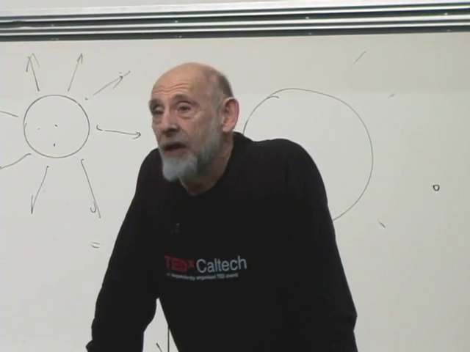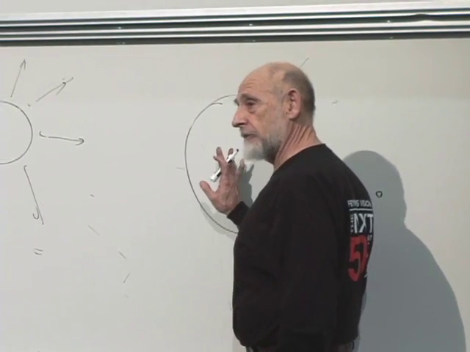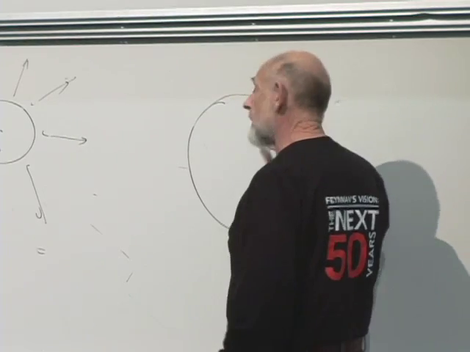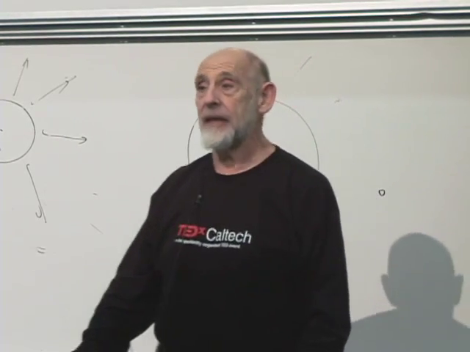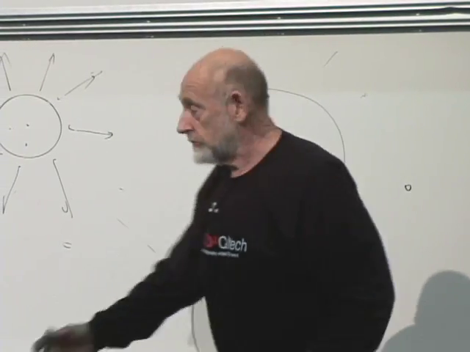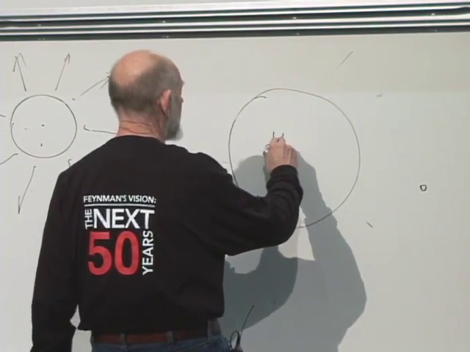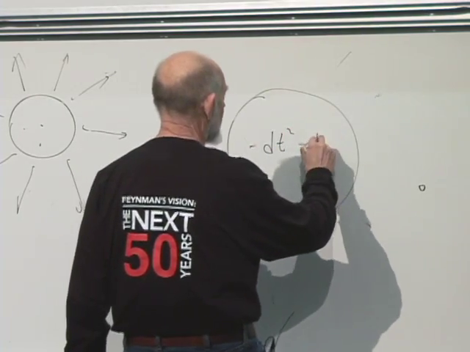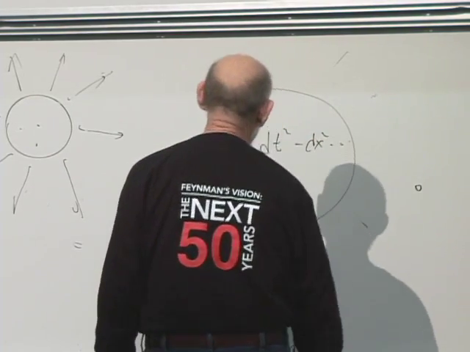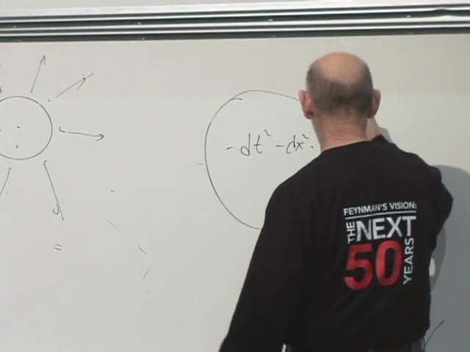Schwarzschild. In other words, the metric on the inside is exactly that of flat space, and the metric on the outside is exactly that of the Schwarzschild black hole. We can write it. On the inside, we have good old dt squared minus dx squared, dy squared, dz squared, and on the outside, we have Schwarzschild.